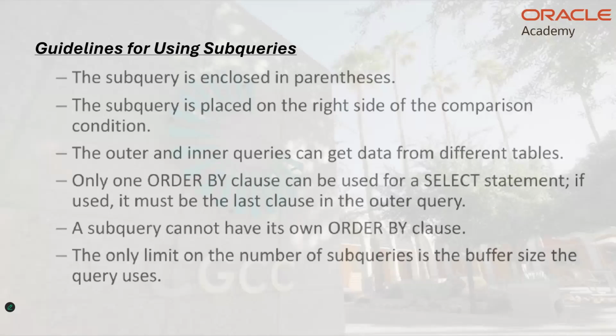The subquery cannot have its own order by. So remember this, you can't put an order by in the inner query. It will not run, you get an error, and you'll be frustrated. As far as the number of subqueries, generally the buffer size is actually relatively large, but you have to be very careful with the logic because there are other ways to run some of these queries without having a subquery within a subquery within a subquery.